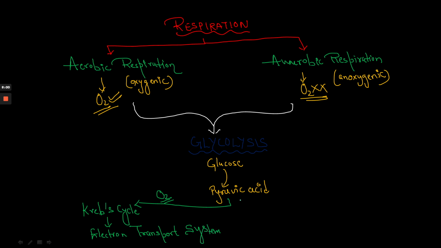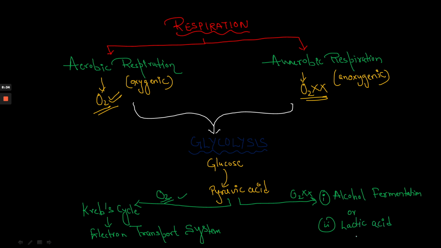Well, if oxygen is absent in the environment, then it is going to go for either alcohol fermentation or lactic acid fermentation, depending on which type of cell it is happening in, which we will discuss later on in the upcoming videos.